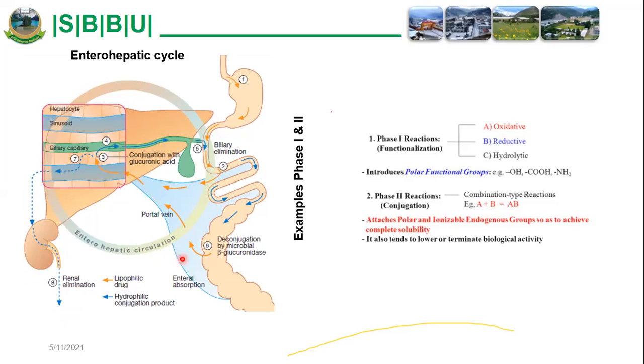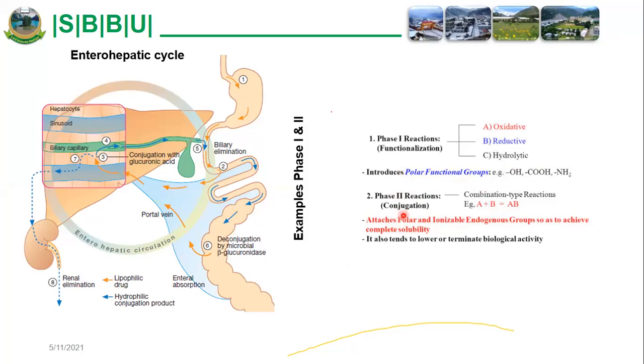So here you can see phase 1. As I mentioned, this is a functionalization reaction. These are the main metabolic reactions: oxidative, reductive, and hydrolytic, with the help of certain enzyme-catalyzed reactions. We will discuss that in our next slides. And they mostly introduce polar functional groups.